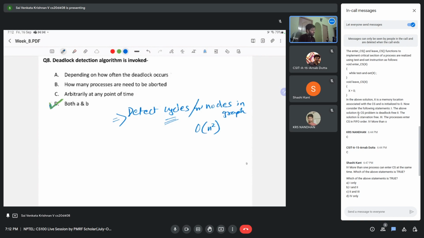So the kernel or the OS has to maintain these heuristics. One useful heuristic is depending on how often the deadlock occurs. Say, based on some threshold, if there are like 20 processes, then there might be a deadlock.